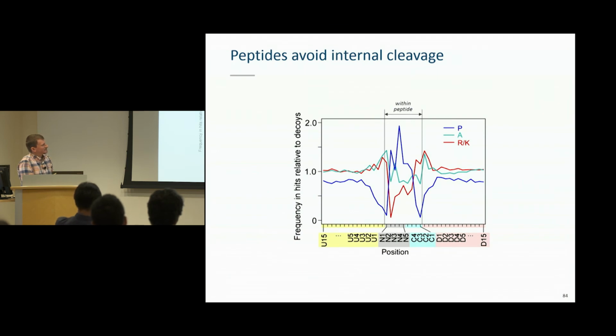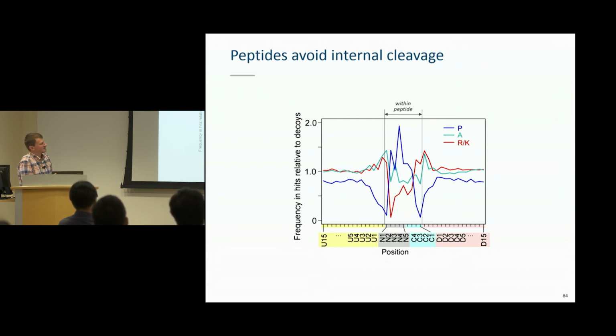So then we looked at the frequencies of these amino acids upstream of the peptide, within the peptide, and downstream of the peptide. And we saw that cleavable amino acids like alanine, arginine, and lysine, their frequency is higher just upstream and just downstream of the peptide, but within the peptide, they're depleted.